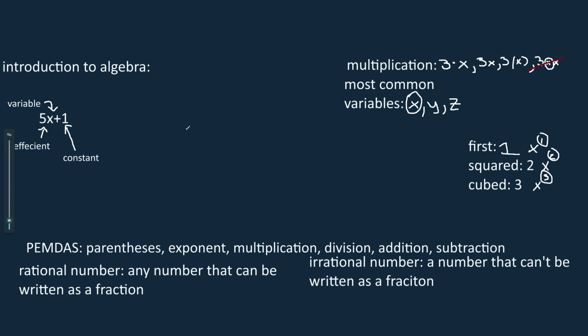So let's refer back to these variables. Say we have something like 4x plus 2 equals 5x plus 1. When evaluating two expressions that equal each other, we want to get the variable by itself.